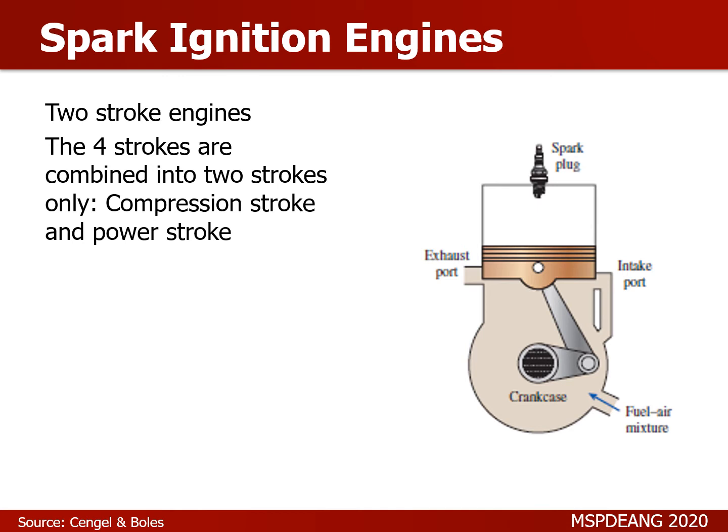This is more commonly used for simple devices that require motors, like our lawn mowers for grass cutting and things like that. The downside of these two-stroke engines is that they don't have sufficient combustion. Since your exhaust stroke and your intake stroke are combined together with the compression and power strokes, you might have some expelling.